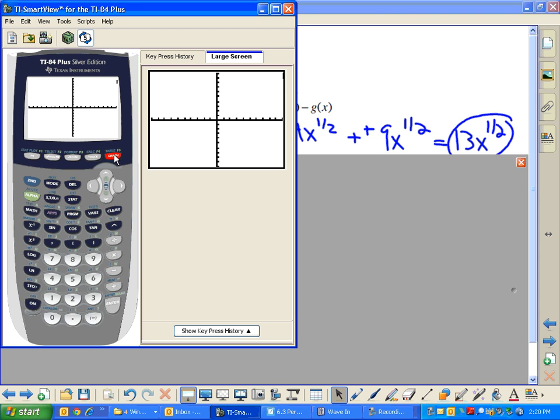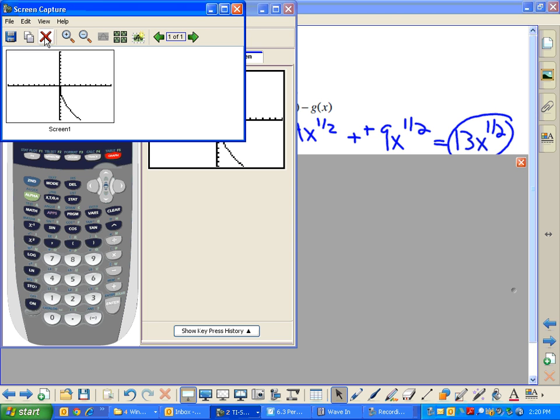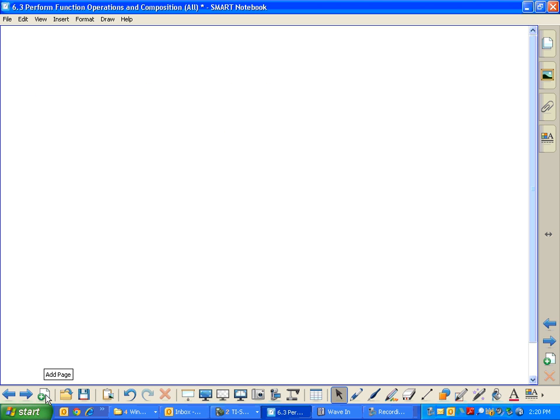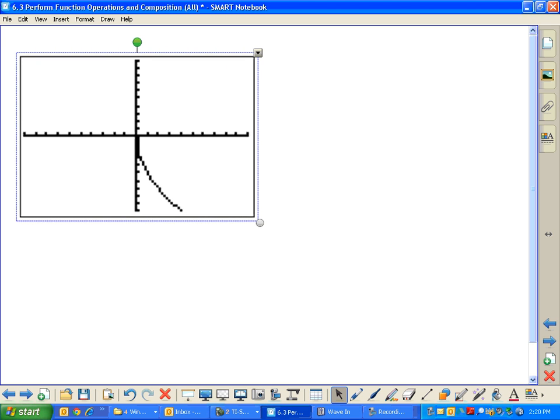It's going to graph it in y2, that's okay. So you'll see there that you get this graph. I'm going to screen capture it so we can talk about it a little bit. So we get this graph for our function here, y equals -5x to the 1/2.